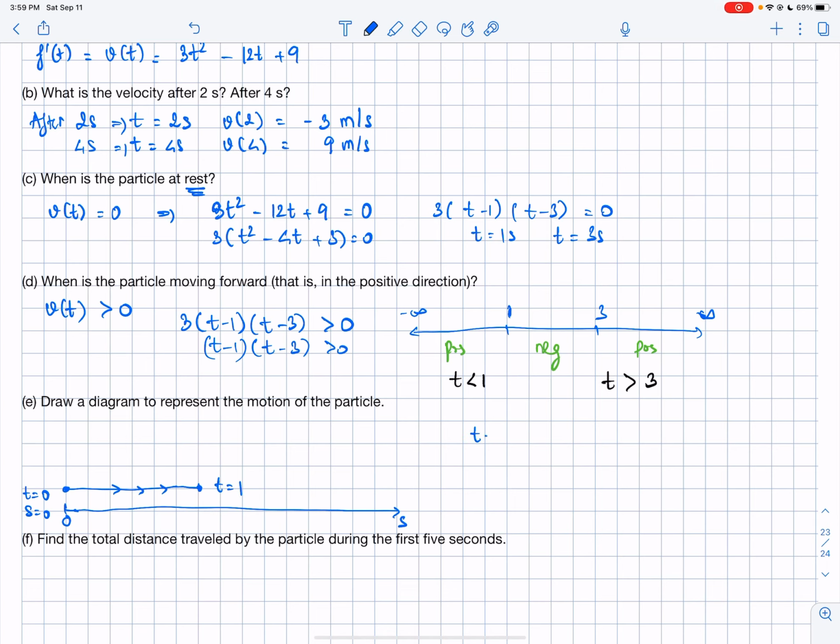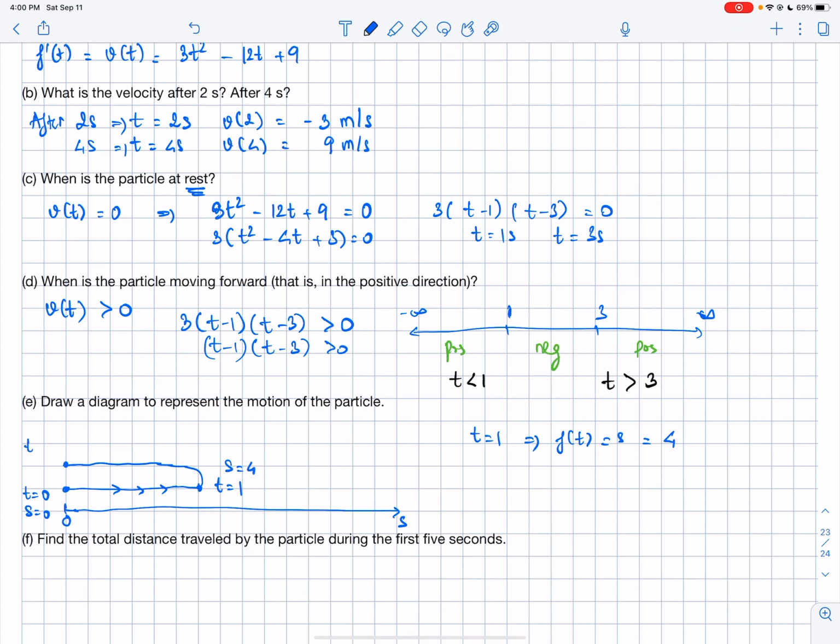When you plug in t equal to 1 into the function f of t, which is s, it gives the answer 4. So s is 4, okay? And then it will travel backward and hit 3.